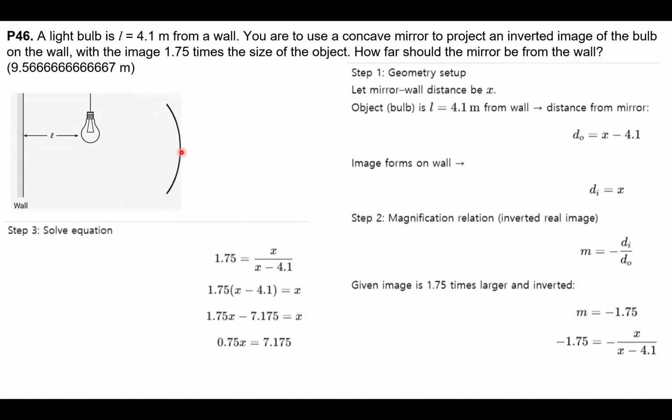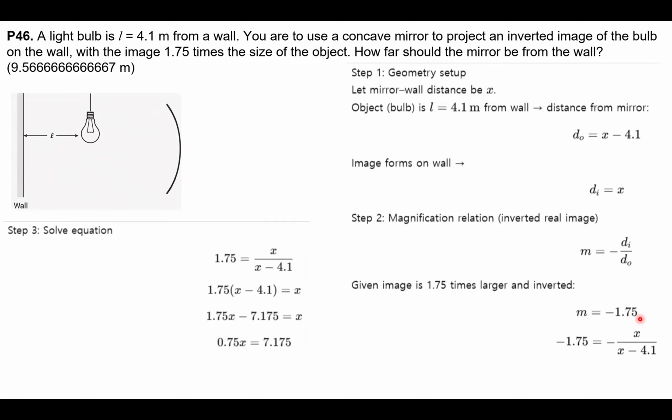So what we know is that the light bulb is from the mirror by this distance, and the image should be formed at the wall, which is x. The magnification relationship is m equal to minus 1.75.